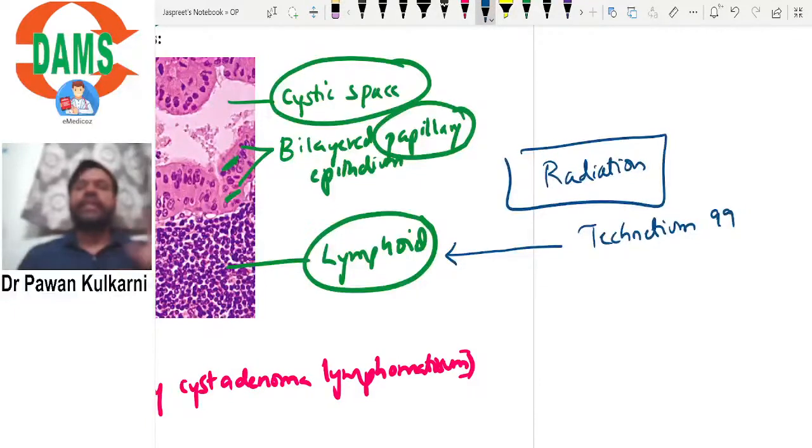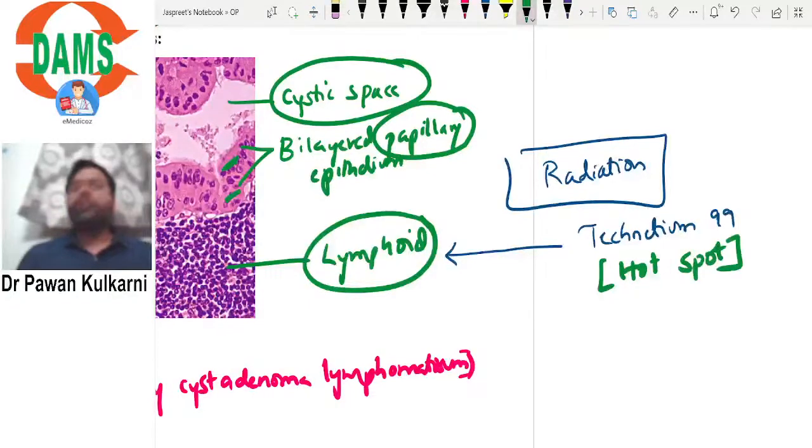Wherever there is lymphocyte aggregation, technetium-99 positivity will be seen. This is known as a hot spot. So we should note that Warthin's tumor demonstrates a hot spot using the technetium-99 scan. This is also one of the important components that we should know about Warthin's tumor.